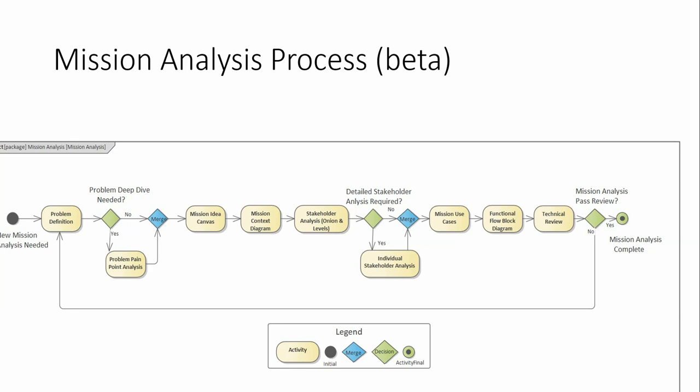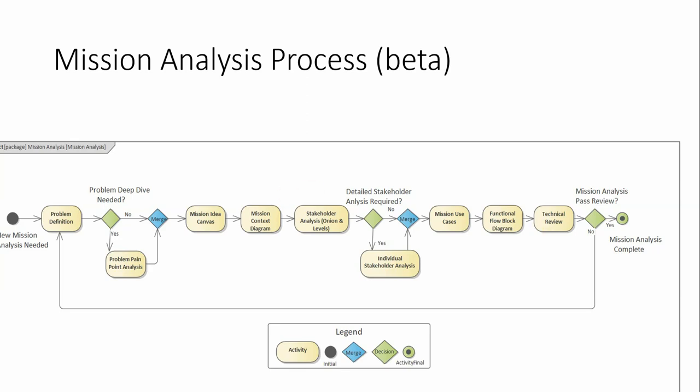Then we get into stakeholder analysis, and this is a mix of business analysis, stakeholders, and some SysML tactics. Then you can do individual stakeholder analysis if it's needed. Maybe it's not needed because it's simple, so you don't have to generate that part of the model and you can jump on past it.